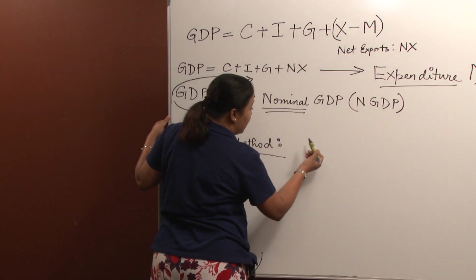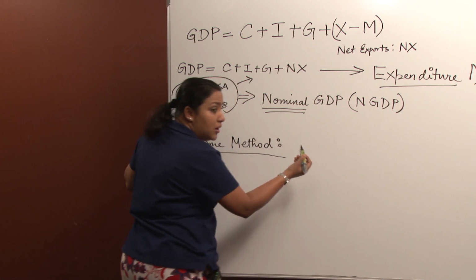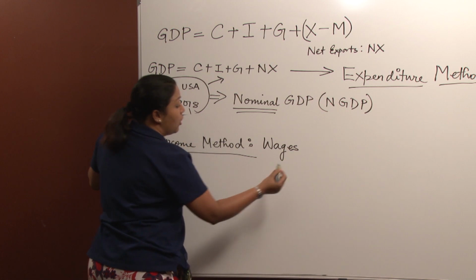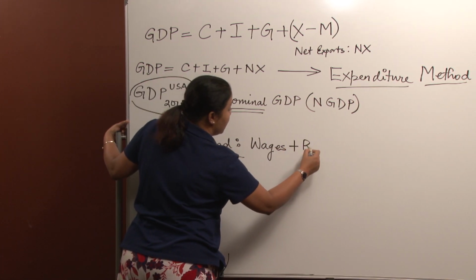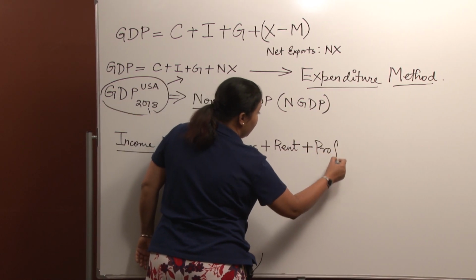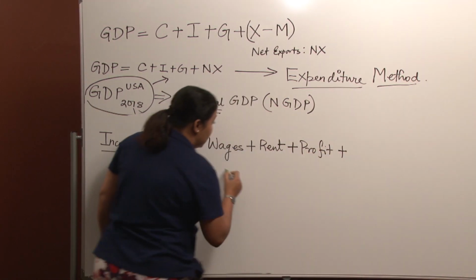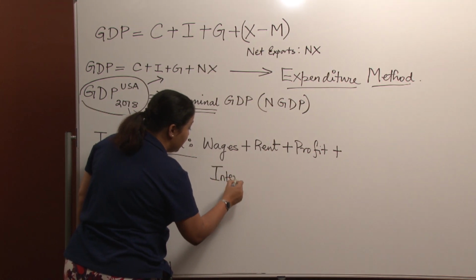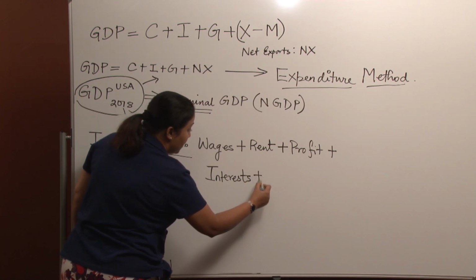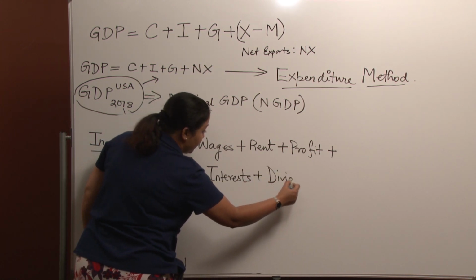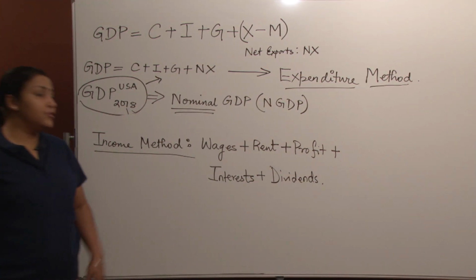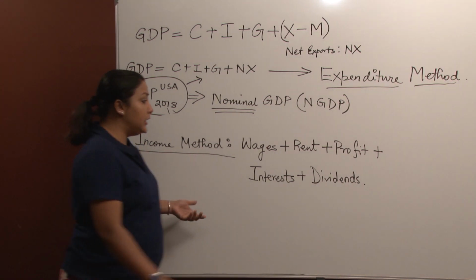So, the income method is basically getting to the GDP number, but here we are aggregating the income of the people in the economy. So, it would be wages plus rent plus profit plus interest income, any returns that are earned on financial products, interest plus dividends. So, those are the sources of income for anybody living in this economy.